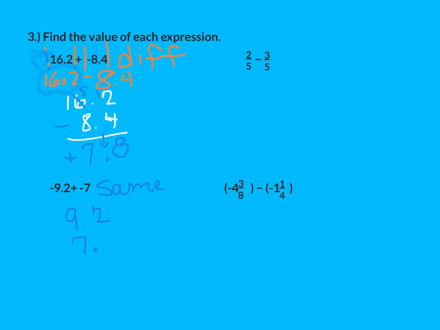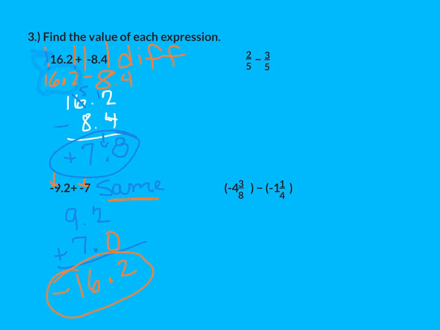Oh, it's always at the end, just like the period at the end of a sentence. I'm going to add these together, so I'll give myself a placeholder for that 2. 2 plus 0 is 2. Drop down the decimal. 9 plus 7 is 16. Because the signs are the same, and you'll notice they are both negative, your answer has to be negative. So the next one is 16.2.